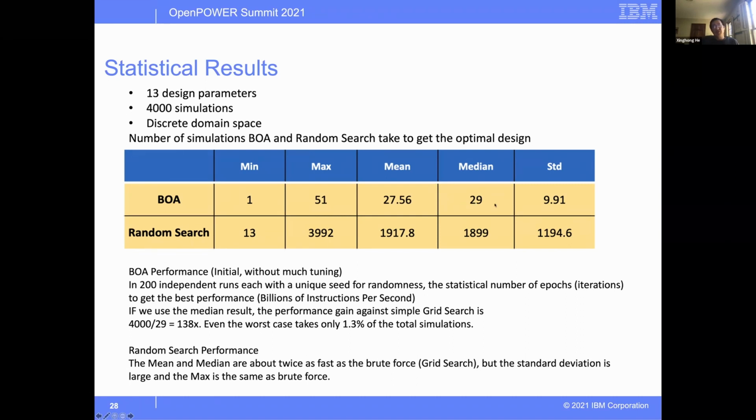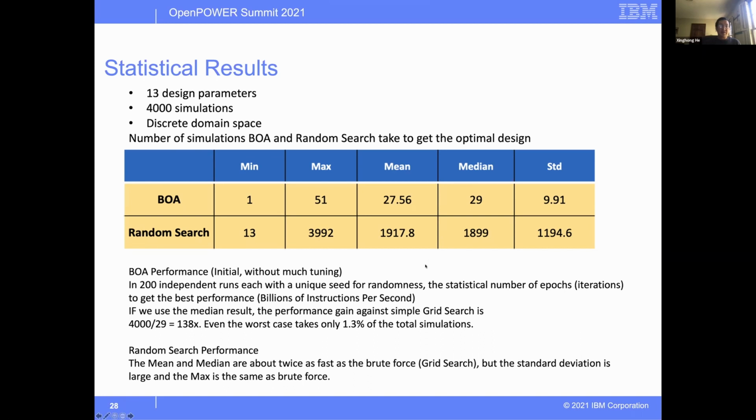Of course, if you are good in those metrics, you're good in standard deviation as well. The standard deviation is very small. That means when we run this experiment, we are very likely to get the job done within the median number of iterations.